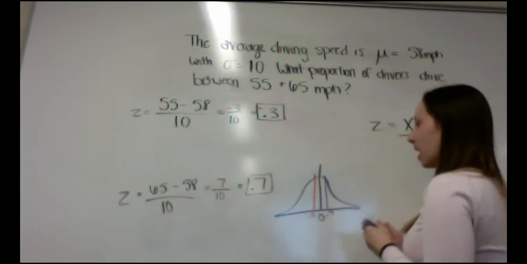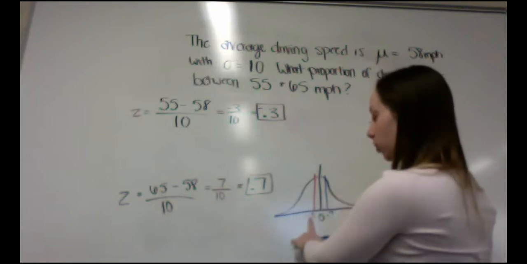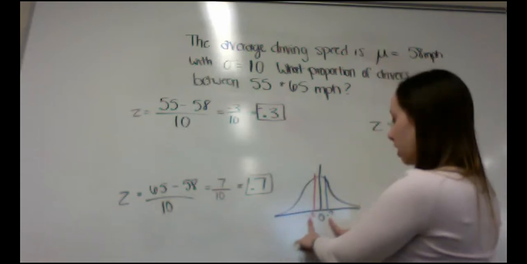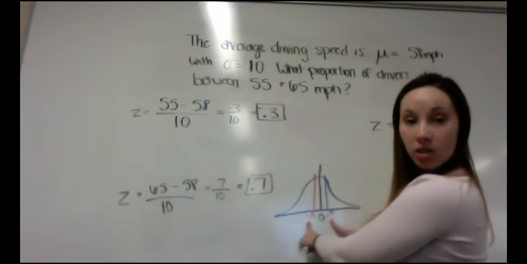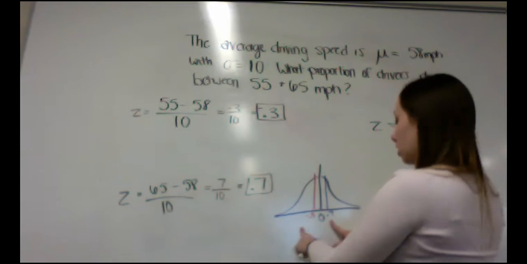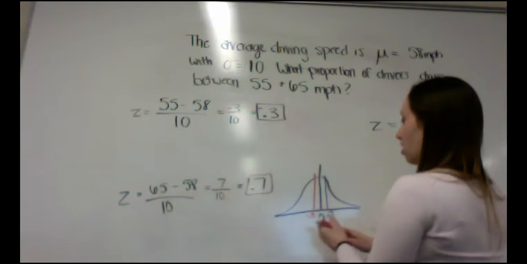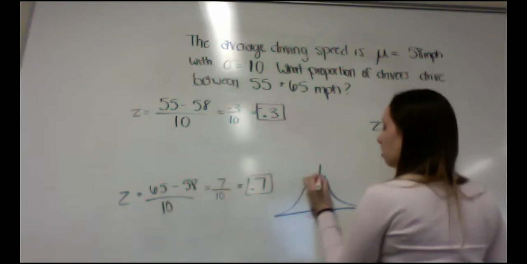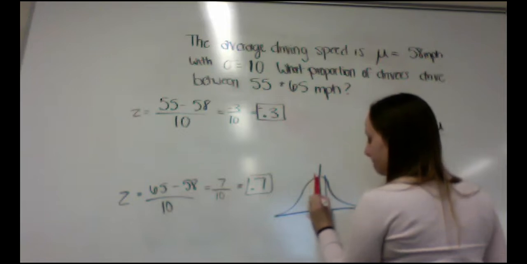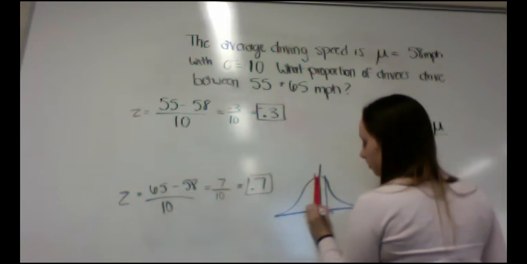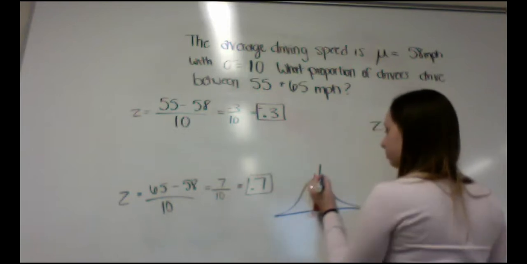So what this problem is asking us to do is to find what proportion of the distribution falls between the red line and the blue line, between this point and this point. So again, there are a few different ways we can do this, but this is the easiest way to do it. The easiest way is to find the proportion that is associated with this piece here, our mean to z, and our mean to z.